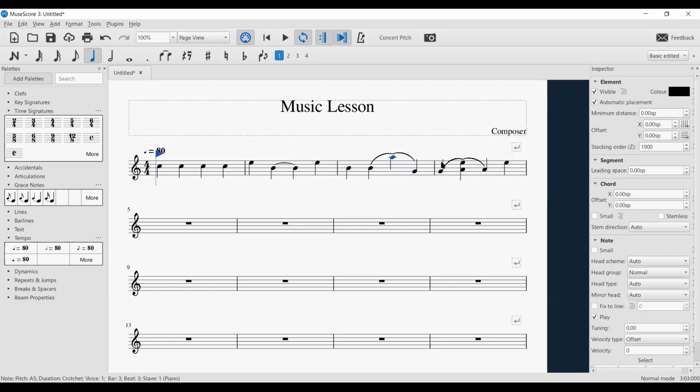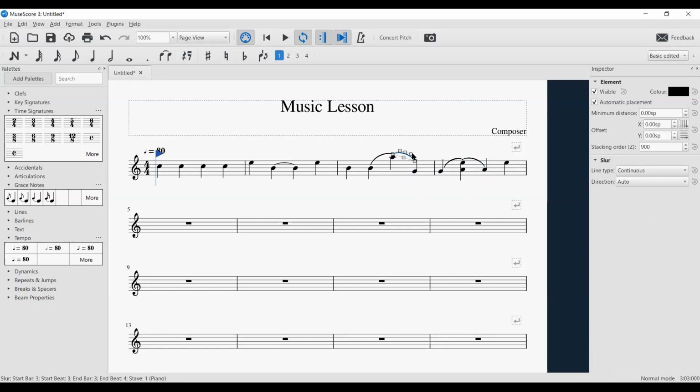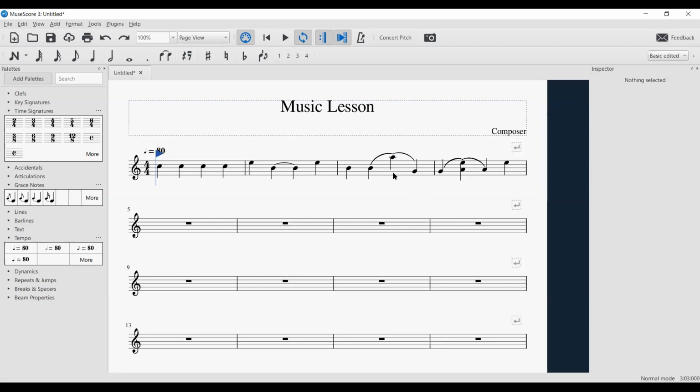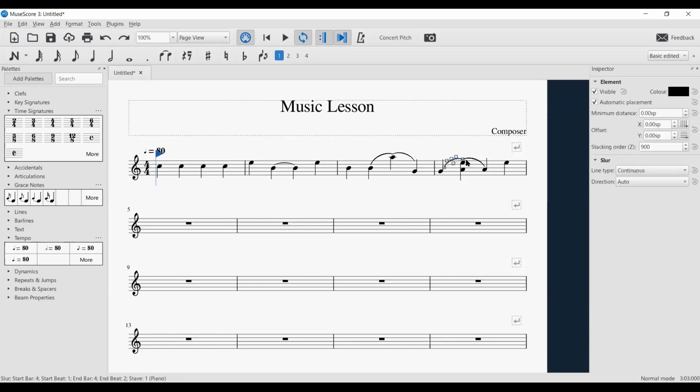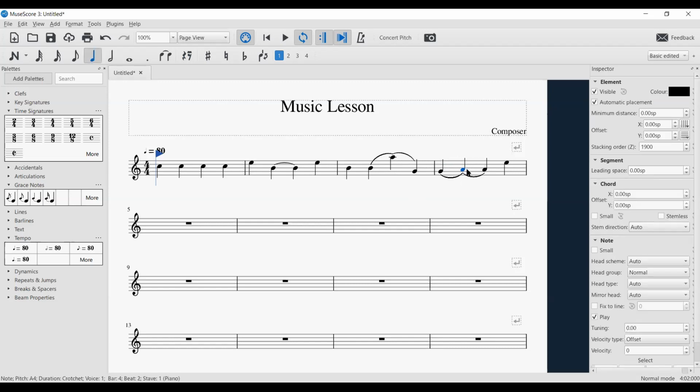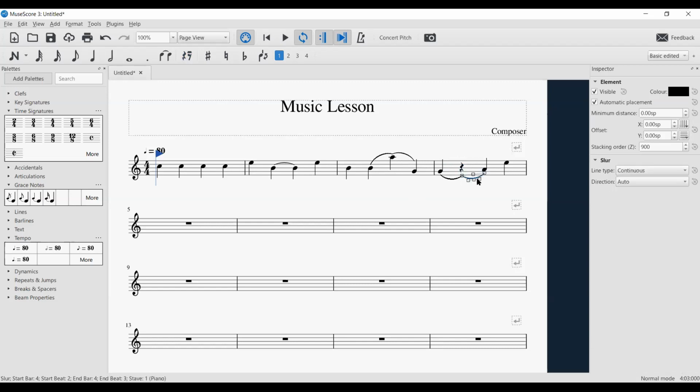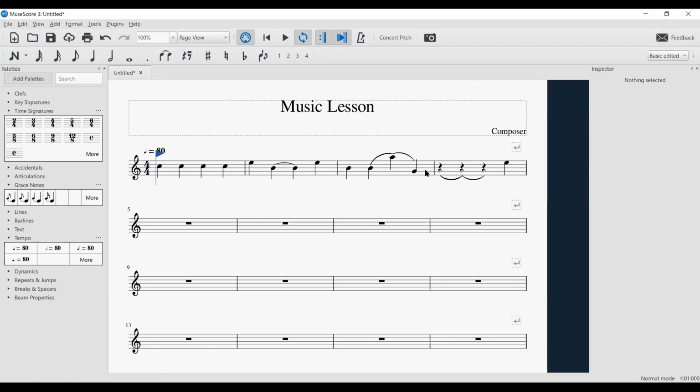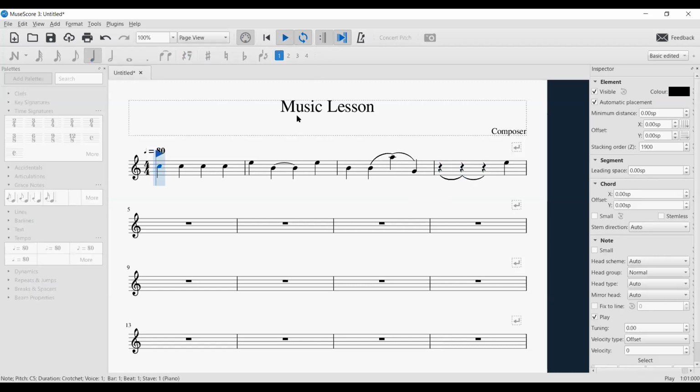We don't need it. Interesting. But anyways, this would help us. Okay, so let's look at this slur. So there, one. We'll just observe that slur.